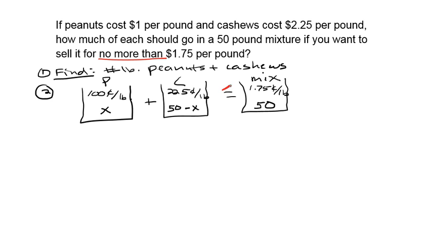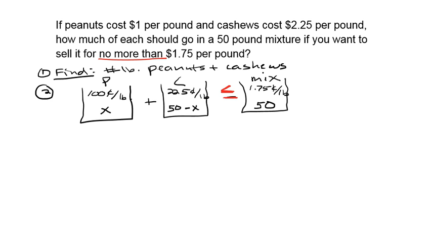So I'm going to have to say that I want my total price for the peanuts and cashews, when I mix them together, to be $1.75 per pound or less. So I'm going to need to have this inequality here.